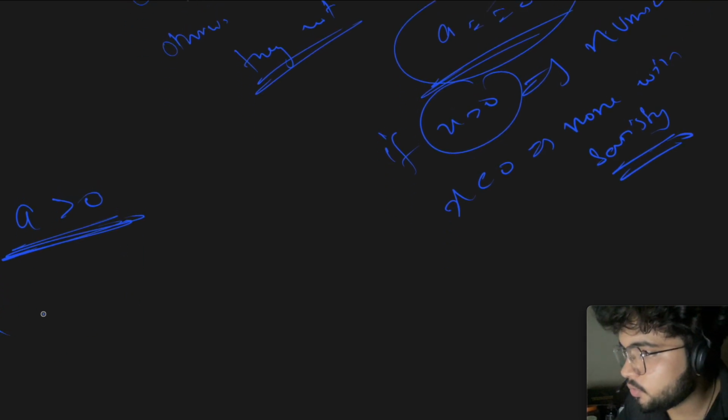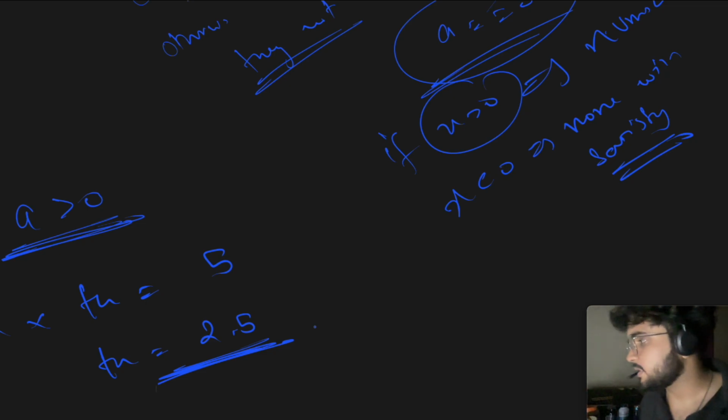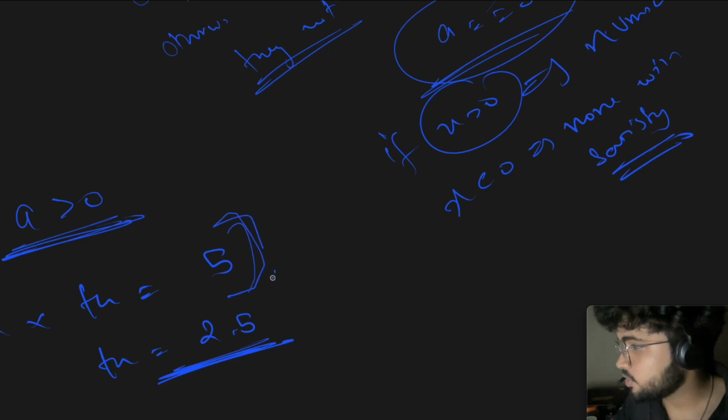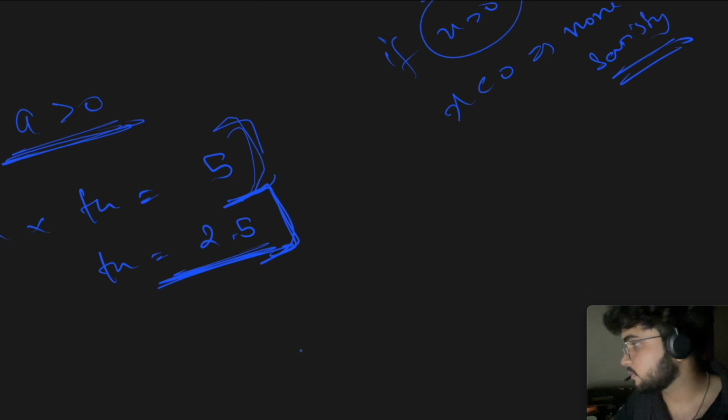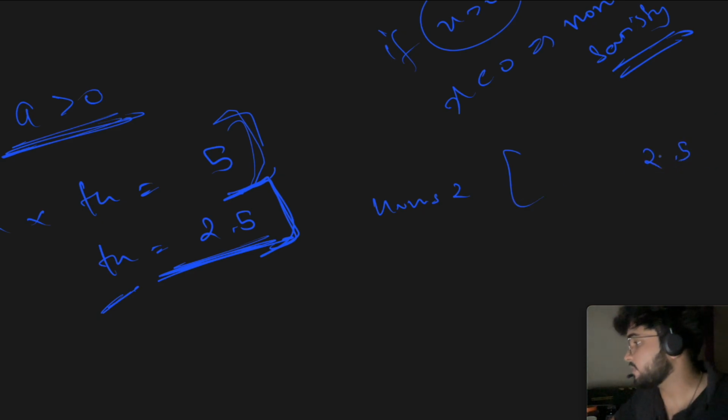Let's talk more about when a is greater than 0, right? So let's say a is 2 and x equals 5. Threshold will be 2.5. We need to find all the elements which are less than or equal to 2.5 in nums2, but 2.5 will not be there because this is an integer array.